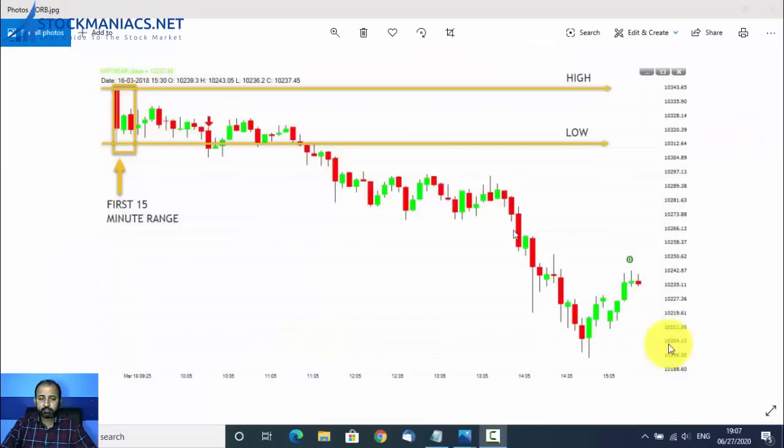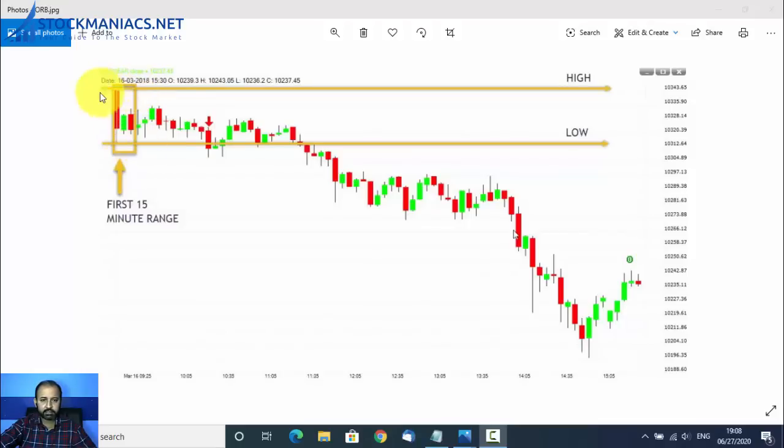So now my dear friends, let me describe to you what is an open range and how the open range breakouts happen. Suppose this is Nifty near month futures chart, and suppose this is say a 5 minutes chart. So here you can see the first 5 minutes candle, this is the range, then this is the second 5 minutes candle, this is the third 5 minutes candle.